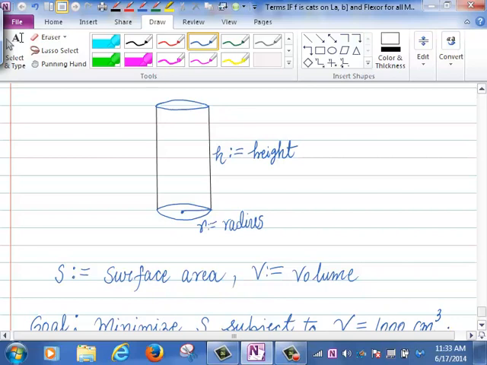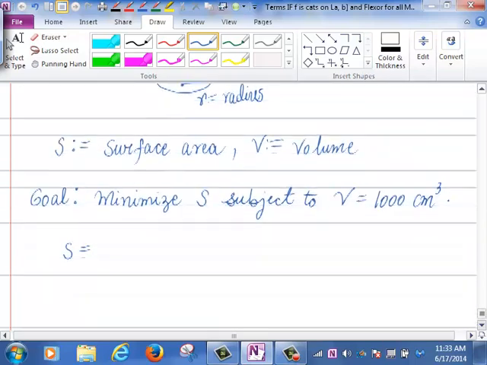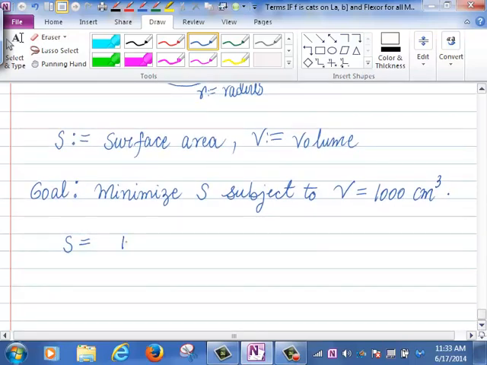Pi r squared. So I have 2 pi r squared for the total area of the top and the bottom. Each one is a disk of radius r, and then you multiply by 2 because you're talking about both the top and the bottom.